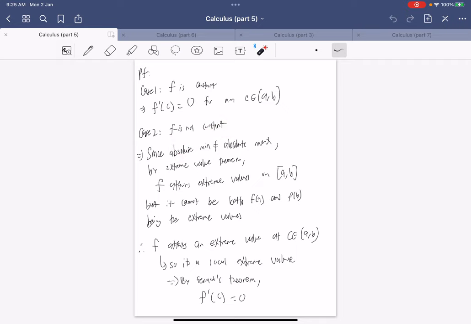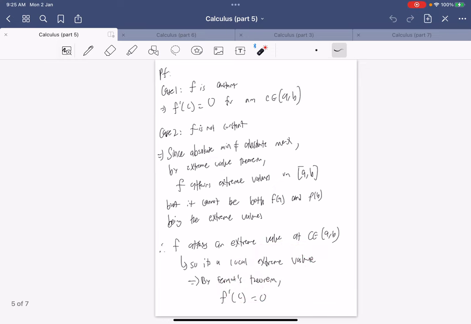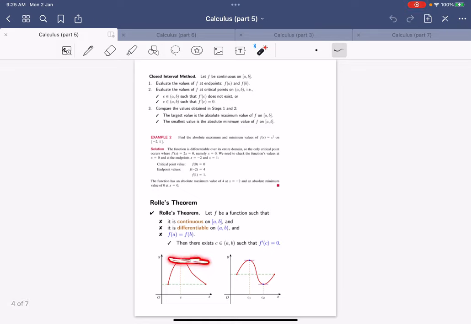And so by the extreme value theorem, f attains the extreme values on this closed interval, but it cannot be both f(a) and f(b) at the same time, because f(a) equals f(b). And so it must attain an extreme value somewhere in the interior, and this is a local extreme value. And then by what we have gone through, if it's a local extreme value, f'(c) equals 0. Hence, we found a point where f'(c) equals 0, meaning there's a tangent line horizontal to the graph.